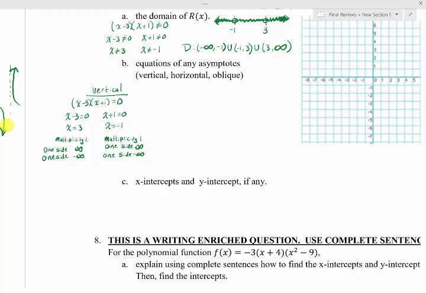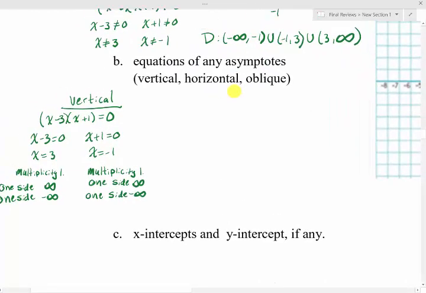If we had an even multiplicity, they would be going the same direction around this asymptote, so both sides up, or both sides down. But this is really useful whenever we're graphing these. All right, so then we can look at our horizontal or oblique asymptotes.